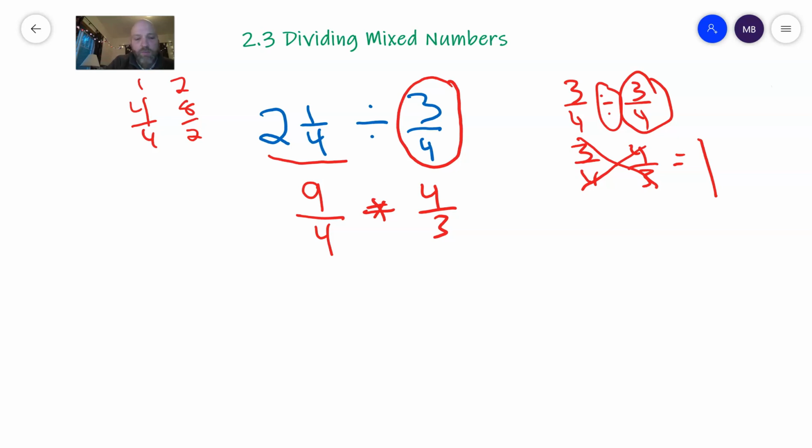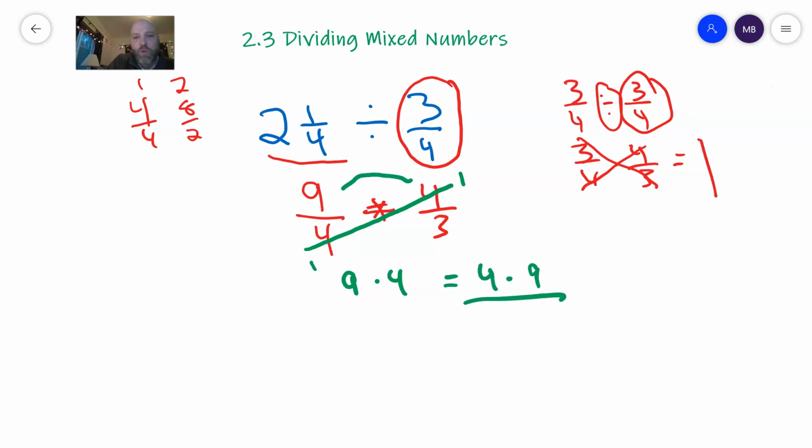And now I can just multiply straight across, except I don't have to. I can multiply 9 times 4 equals 36, but we talked about this cross-canceling. I'm going to notice that 4 divided by 4 is 1. And again, let me explain. The reason we can do that is because 9 times 4 is the same as 4 times 9.